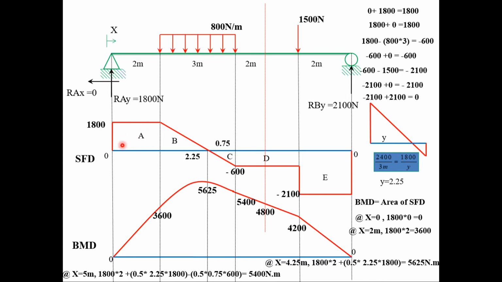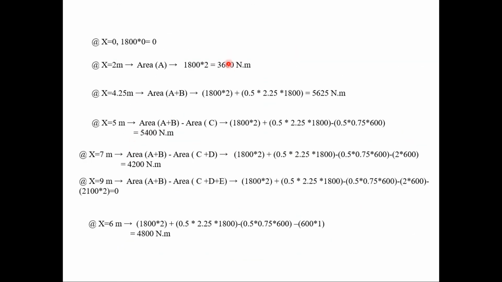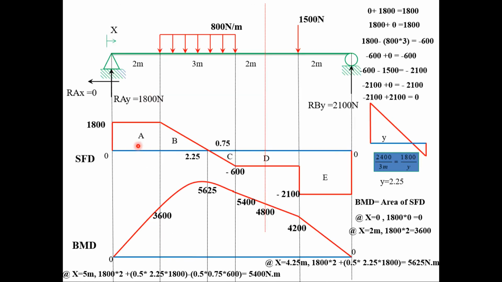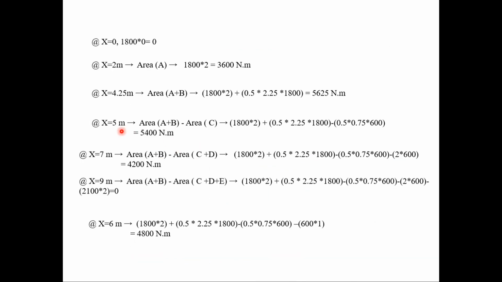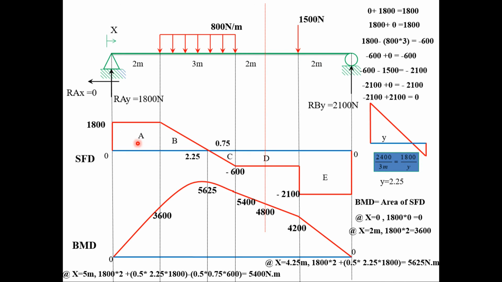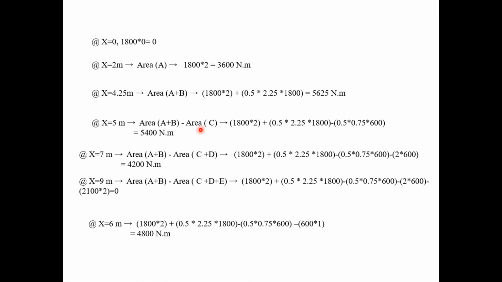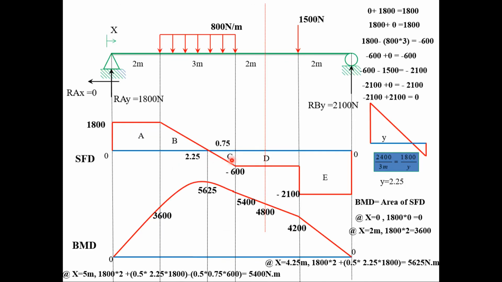At x equals 4.25 meter, we'll have the area of region A plus the area of region B. At x equals 5 meter, we'll have the area of region A plus B minus the area of region C. At x equals 7 meter, we have the area of region A plus B minus C plus D. And at x equals 9 meter, we have the area of region A plus B minus the area of regions C, D and E.